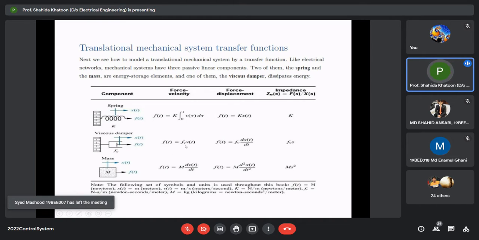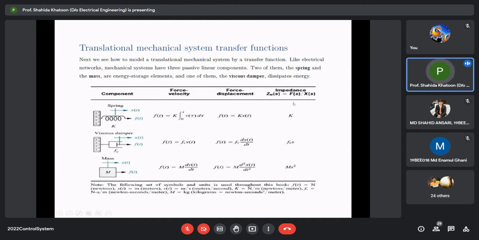So f(t) is basically f_v into v(t), where v is the velocity by which this piston is moved in this direction. And since you know that v(t) is the first derivative of the distance x(t), you can formulate the relationship between f(t) and x(t) as f(t) is equal to f_v dx(t) by dt.